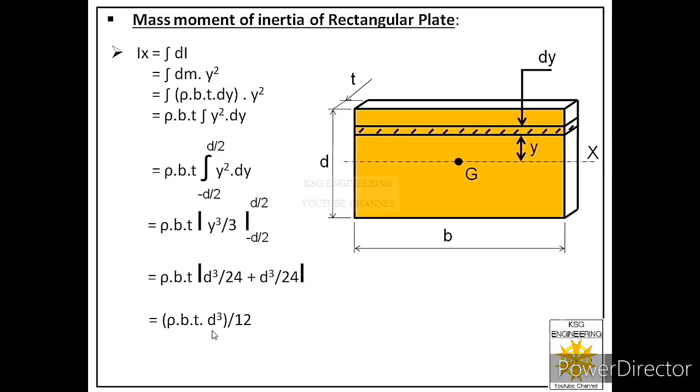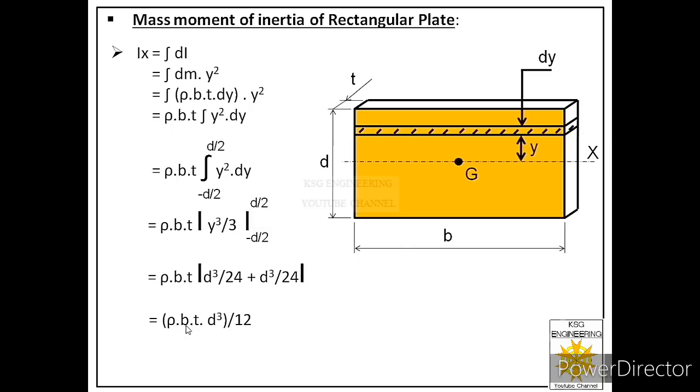Now let us see carefully over here. If I take d outside, that means if I write rho b t d into d square by 12, then rho b t d will be the mass of the plate, because b t d is the volume of the plate. The product of these three will give you volume, and volume multiplied by its density will give you mass.